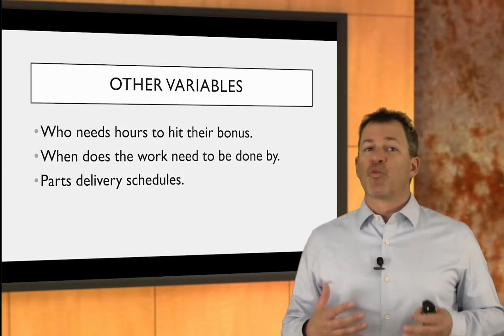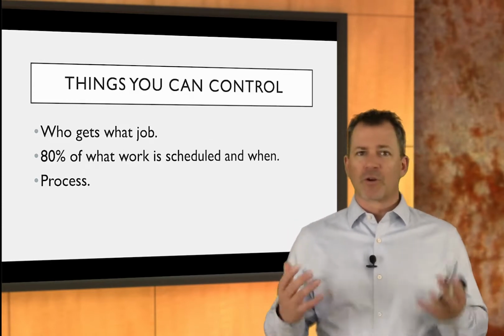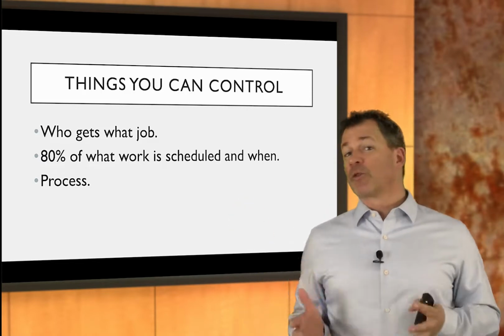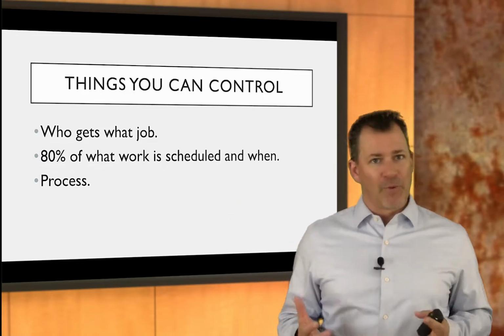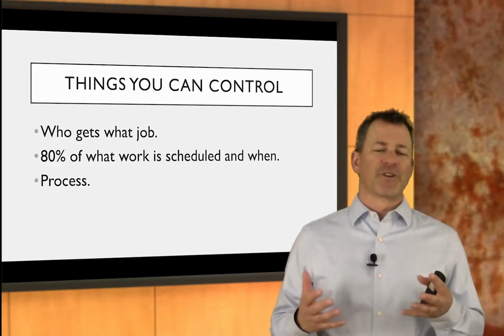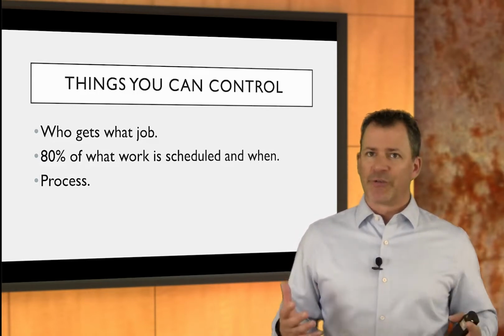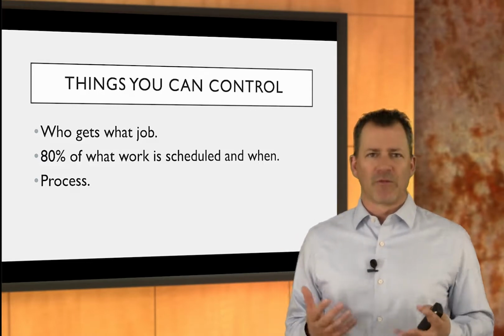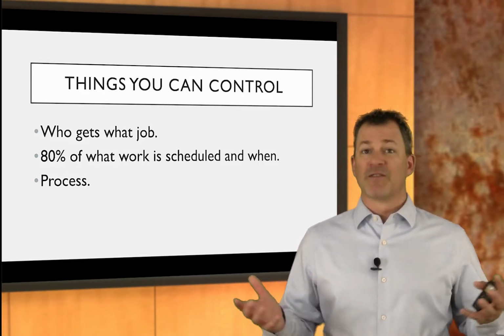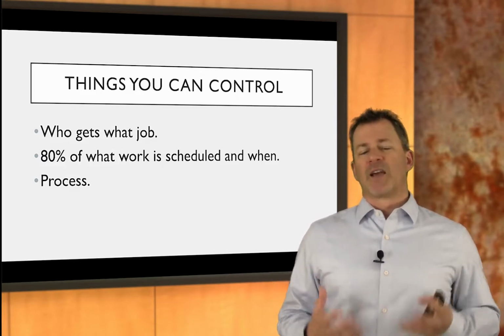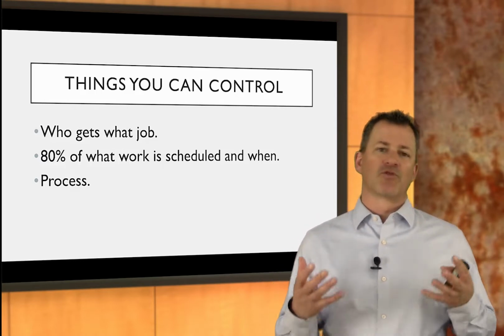Some of these variables we can control. All right, we can control who gets what job, right? That's dispatch. We can also control, in my opinion, 80% of what work is scheduled and when. Now, that's a skill set that we've discussed in telephone selling. It's a skill set we've discussed in the scheduling the work video. A lot of what gets scheduled, we have some control over.